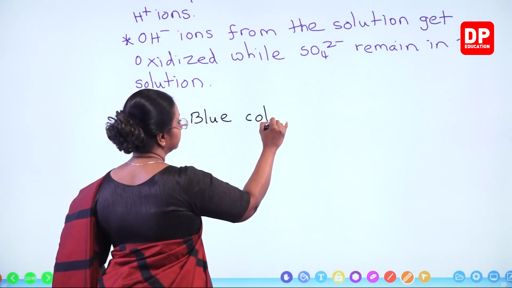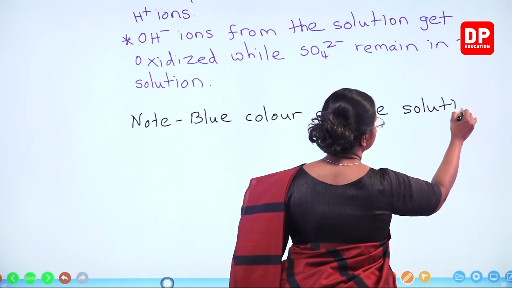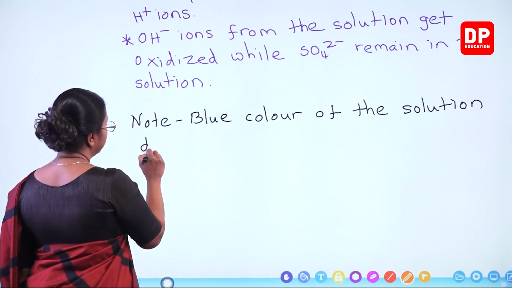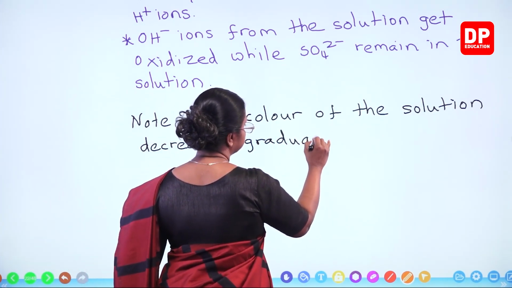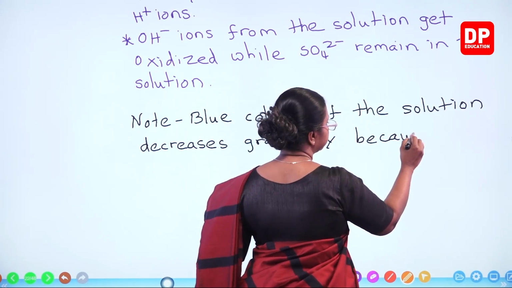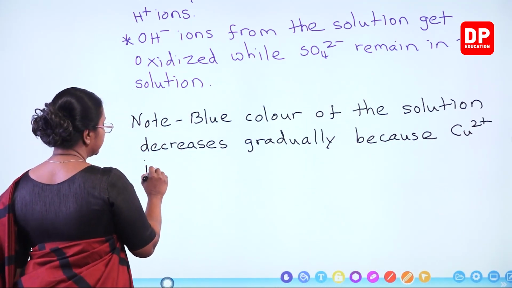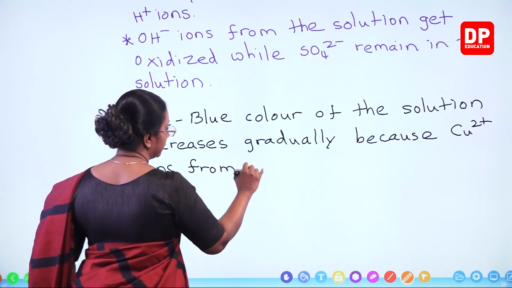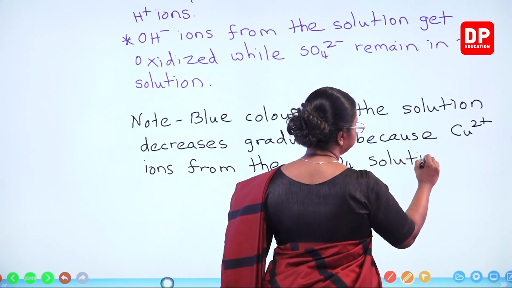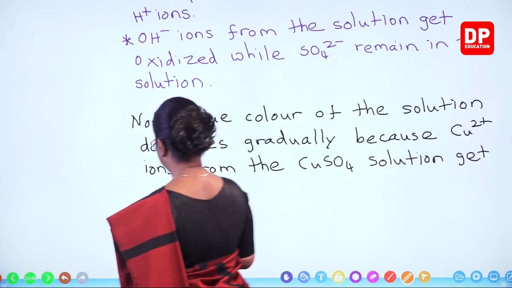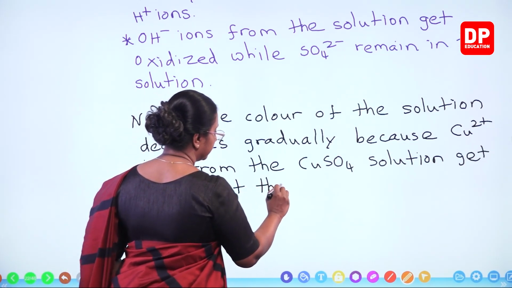The blue color of the solution decreases gradually because Cu2 plus ions from the copper sulfate solution get reduced at the cathode.